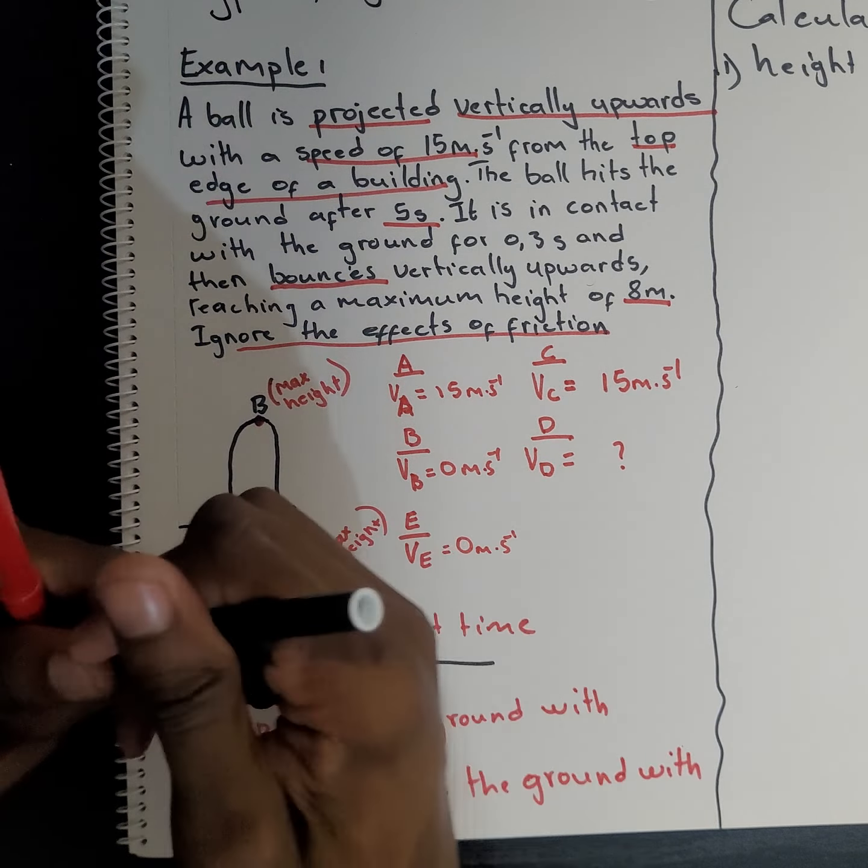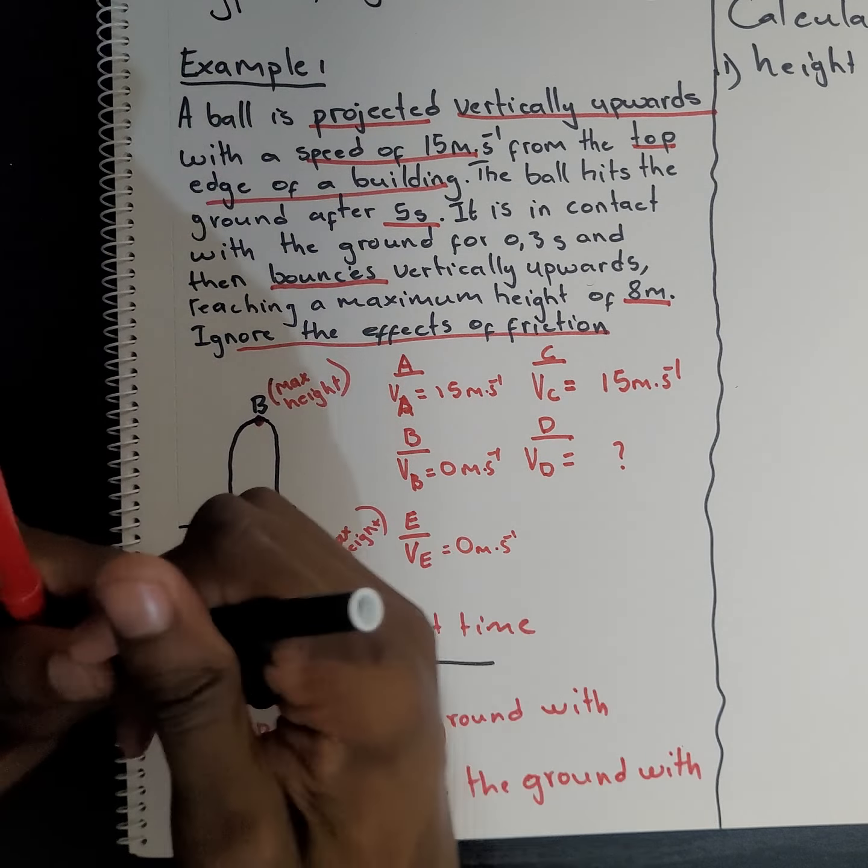Depending on the information given, someone can choose to work with the motion from C to D. But then you don't have the time from C to D. You only are given the time from A to D. But we can find that time, ladies and gentlemen.